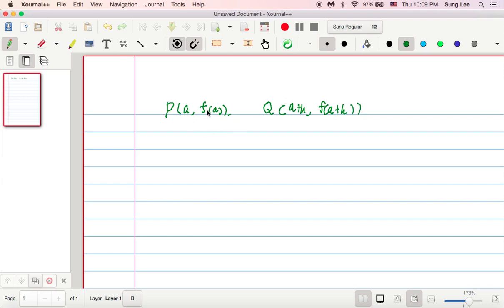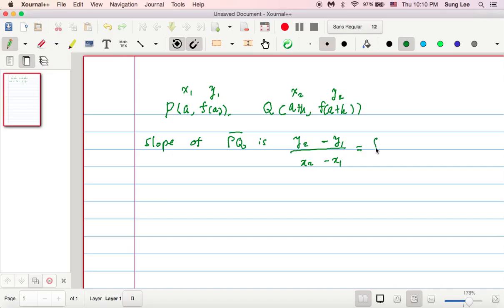Let's call these x1, y1, x2, y2. In that case, the slope of the line segment PQ is, as you will remember, given by y2 minus y1 all over x2 minus x1.